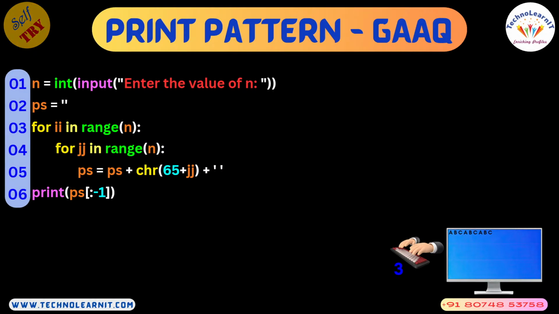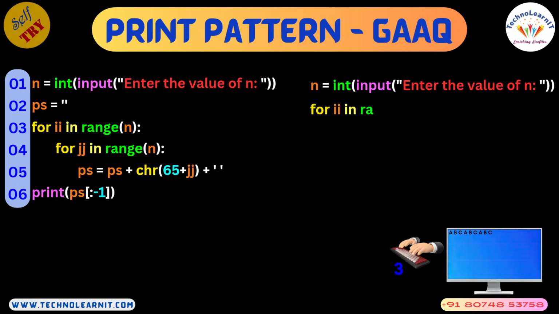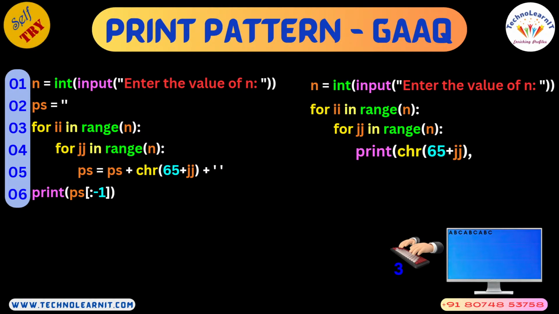These are the 6 statements that you can use to produce this output. If you're not allowed to use any string related operations, then how do we do it? It's the same thing, right? You can go with the same range function as I said. Instead of keeping on building up the print string, you just immediately print whatever 65 plus jj is, so that A will be produced, B will be produced, C will be produced, D will be produced as and when jj progresses with its iterations.